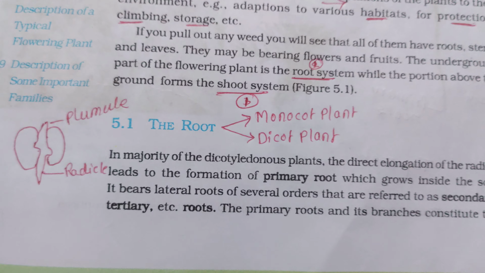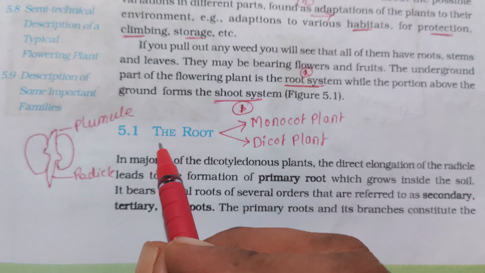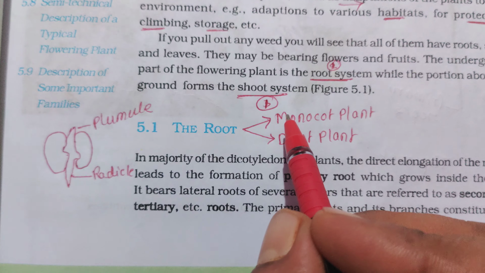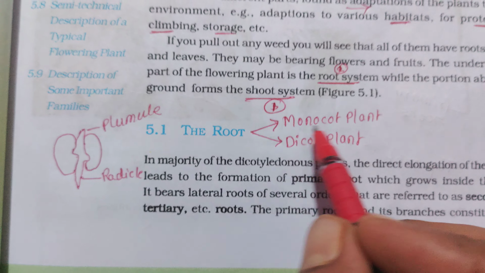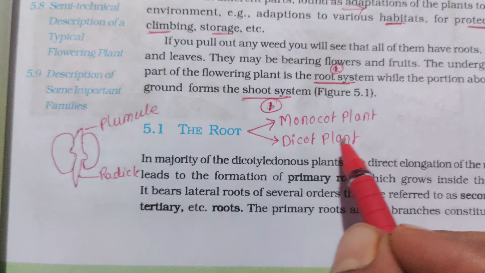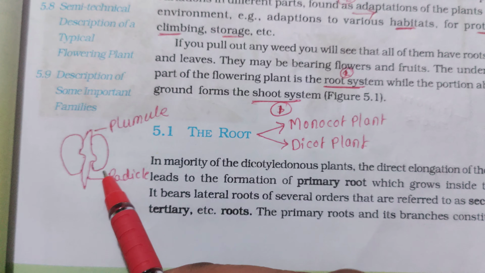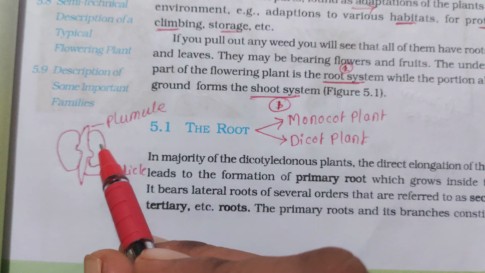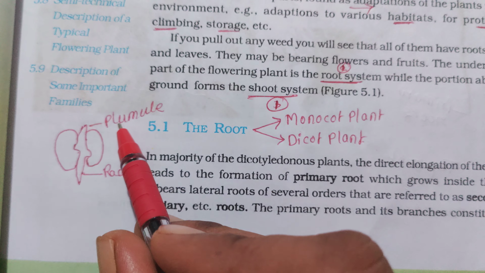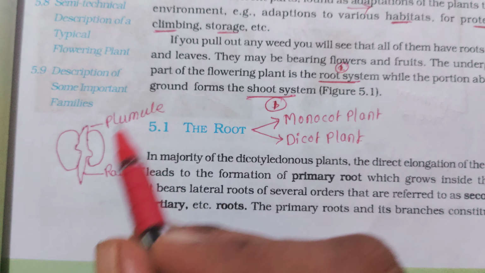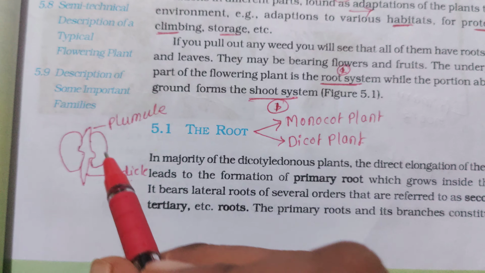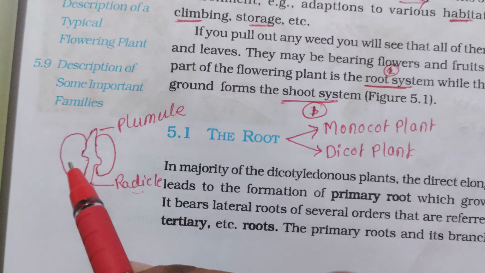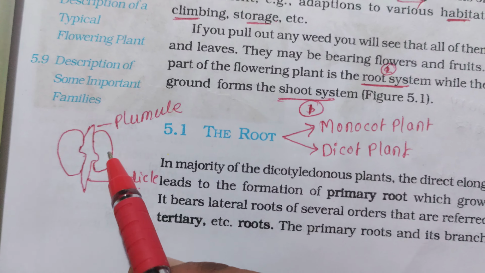First one, the root. Here we find two types of plants on the basis of their cotyledon, that is monocot plants and dicot plants. Here is the structure of a dicot plant seed. It has a plumule at one end and a radicle at the other end, and these are both cotyledon parts, meaning the two cotyledons of the dicotyledon plant.